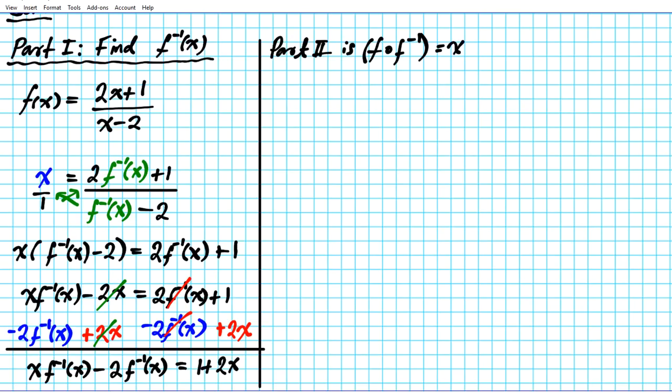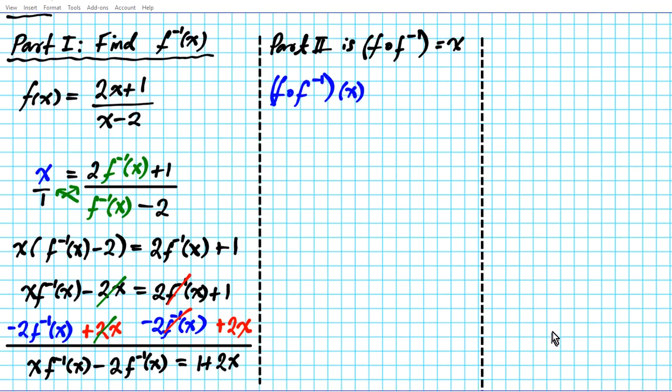That's the question. So let's talk about the formula for this notation real quick. What f composed with f inverse of x means is basically you take f inverse and you plug it into f.